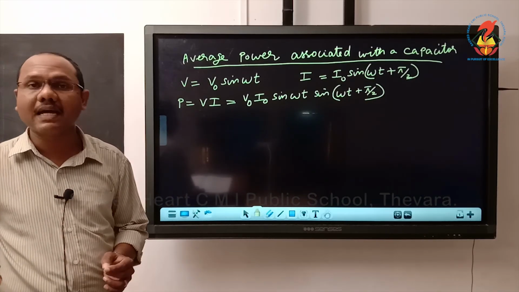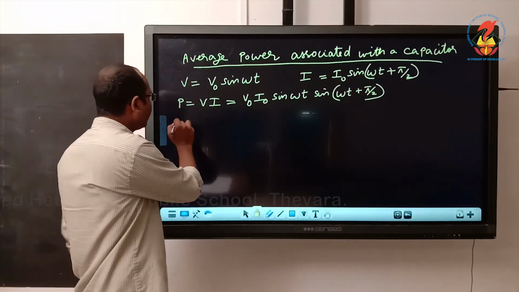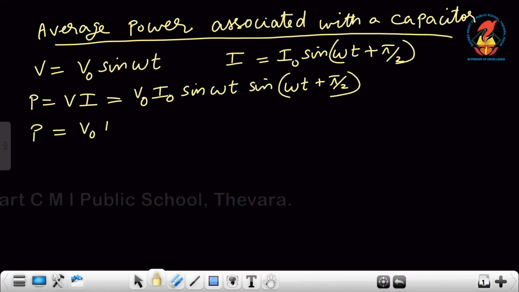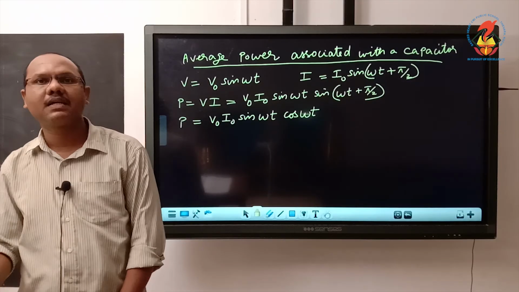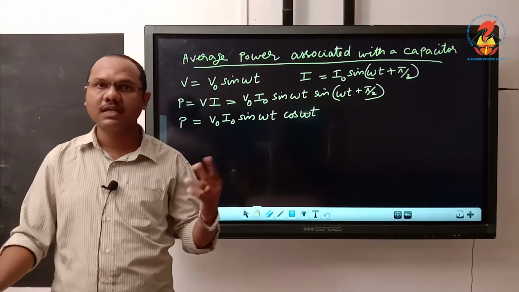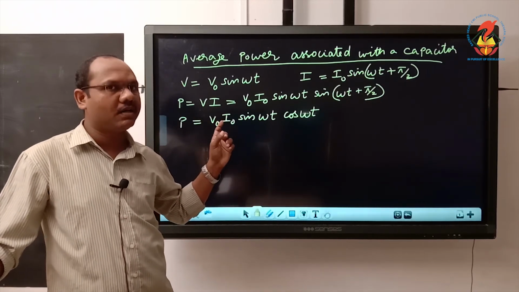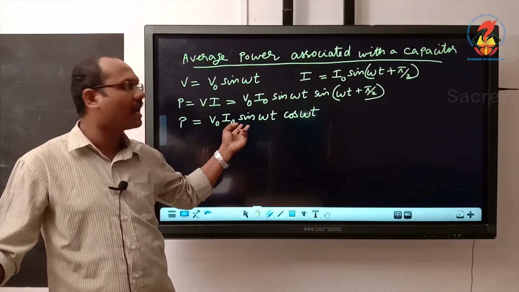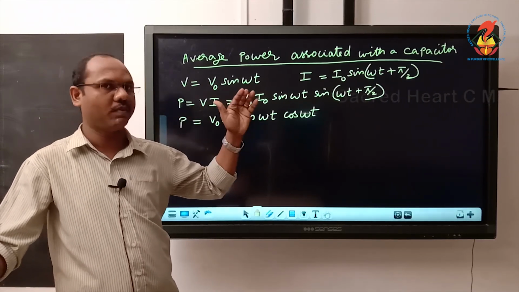Now what is sine 90 plus theta? Cos theta. So I can write P is equal to V0 I0 sine omega t cos omega t. And remember the trigonometric equation we used in the last derivation: sine 2 theta is 2 sine theta cos theta. So I am using that relation.